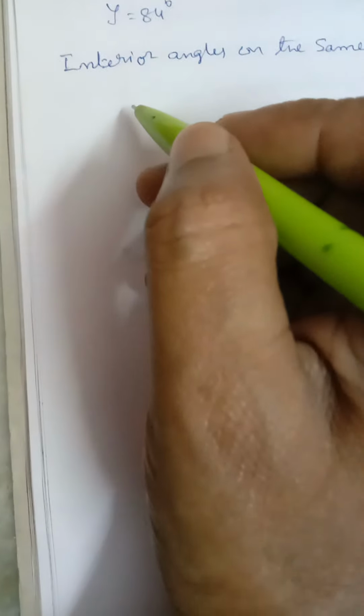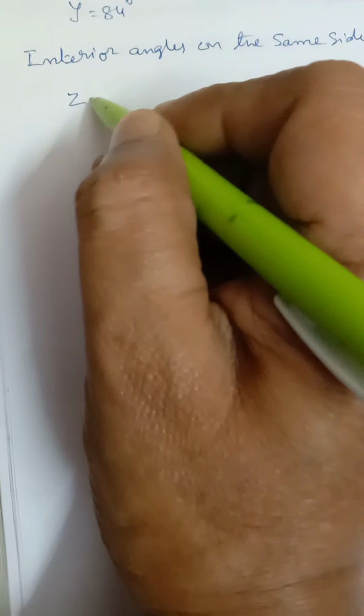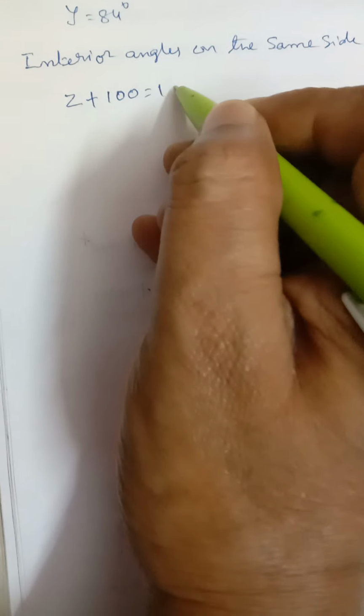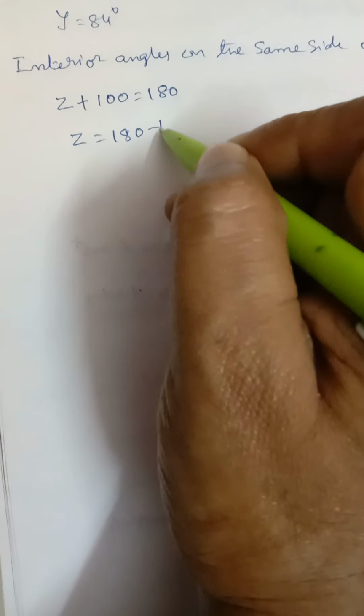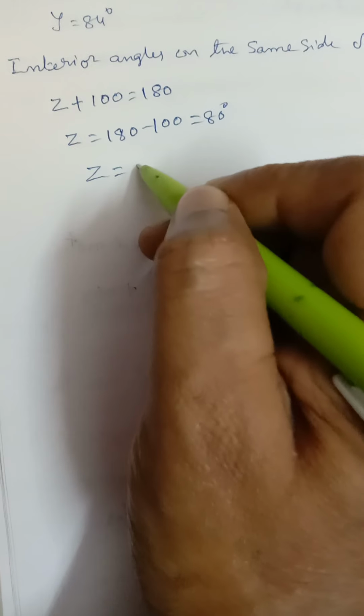Z is equal to 180 minus 100, which is 80 degrees. Z is equal to 80 degrees.